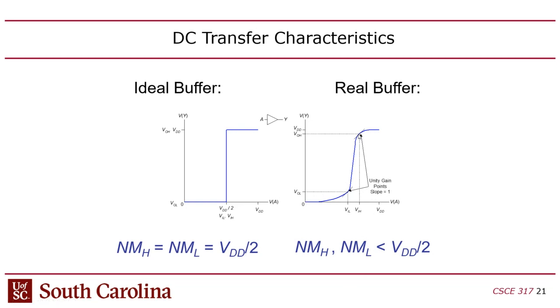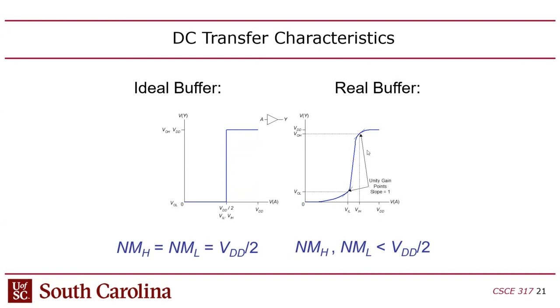So the question is, what voltage constitutes a 0 and a 1 for a gate? Well, it depends on whether it's the input or the output of the gate. Why is that? Because of these unity gain points. And why is that? Because of the operating regions of the transistors, the point at which they go from linear mode to saturation mode. So you've got different thresholds for what's a 0 and a 1 for input and output.